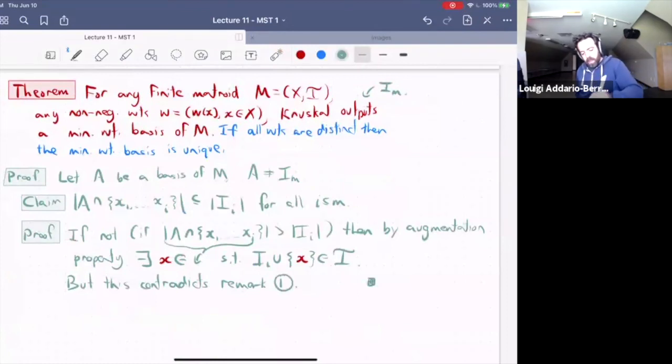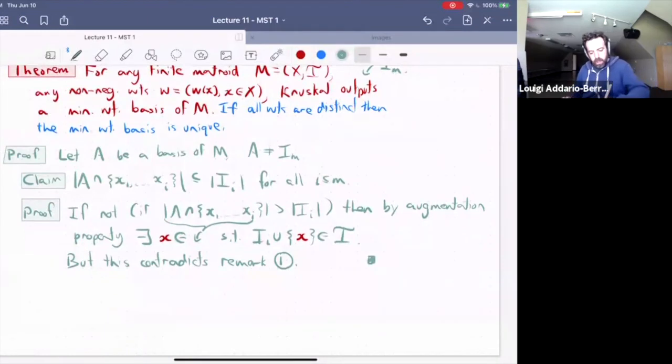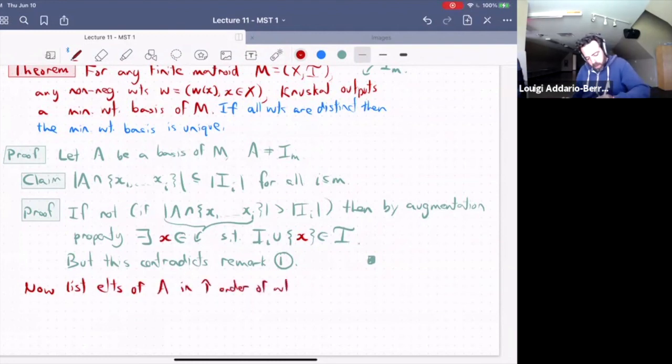So that's really the heart of the argument. It says that the greedy algorithm adds at least as many elements as it goes along as any other independent set can have. Now, having made that observation, let's just list the elements of this other basis A in increasing order of weight as A1 up to An, I'll call it.